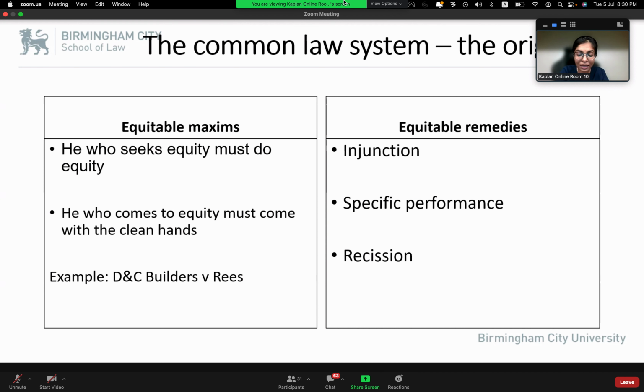Then the issue or issues that we have, and then the equitable maxims applied, and then the decision. So, equitable principle was applied in this case.